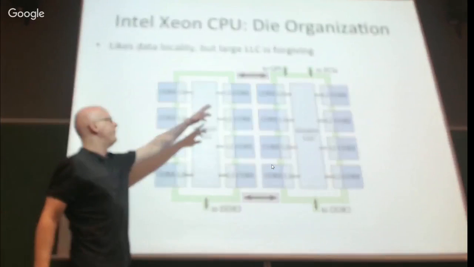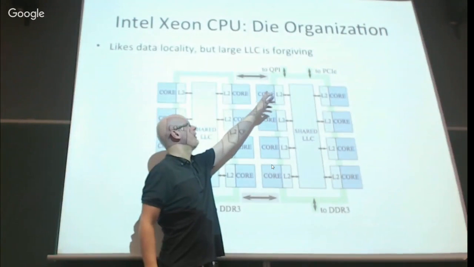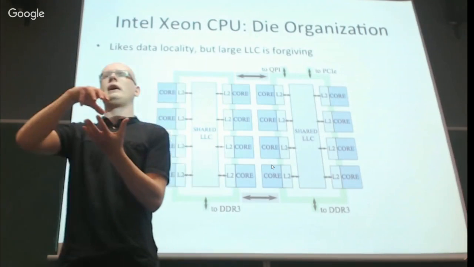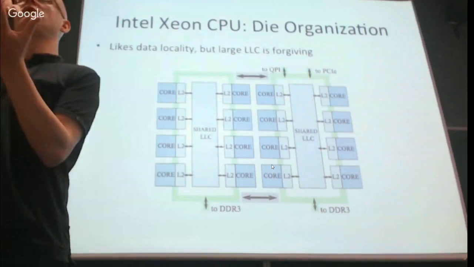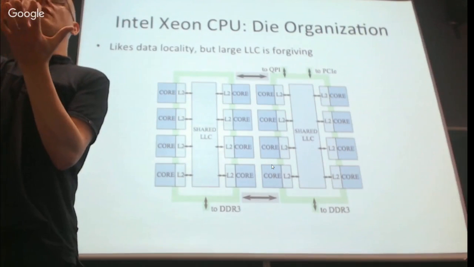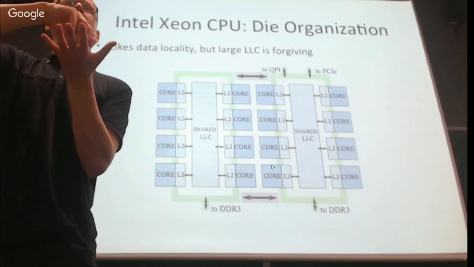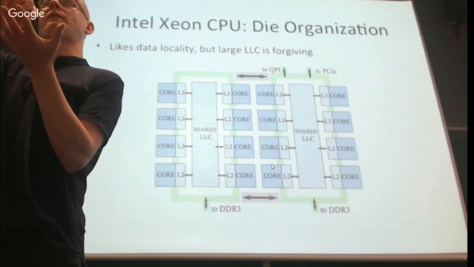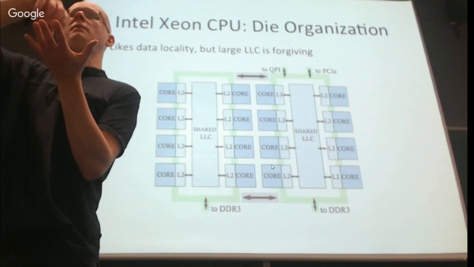Also, something to note here is the QPI channel. Okay, so you have a PCI channel and you have a QPI channel. So Xeon processors on HPC systems typically show up as 2 socket nodes. Okay, so you typically have 2 of these Xeon processors per node. And the 2 sockets are connected by way of a QPI interface, so quick path interface, which is proprietary hardware developed by Intel.